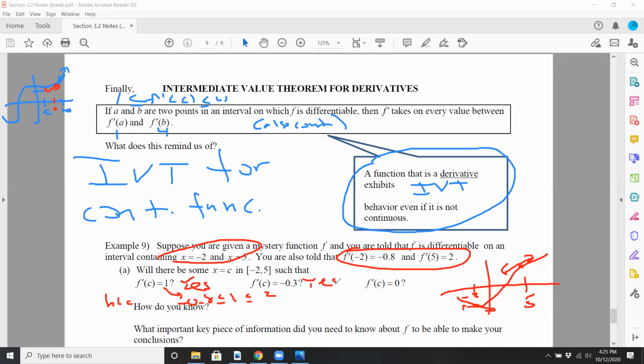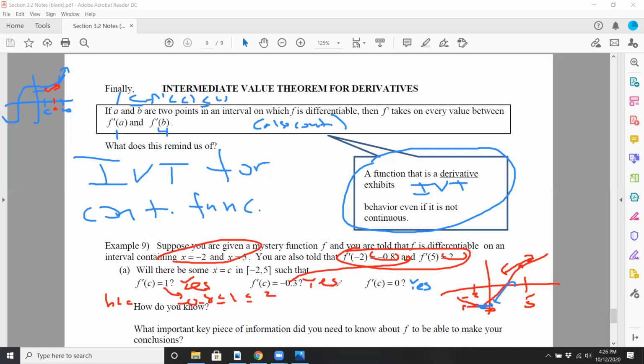Sure, because -0.3 is in between -0.8 and 2. Probably somewhere over here where it was slightly negative. Can it equal 0? Sure. Again, probably somewhere over here it could be 0, and 0 is between -0.8 and 2.